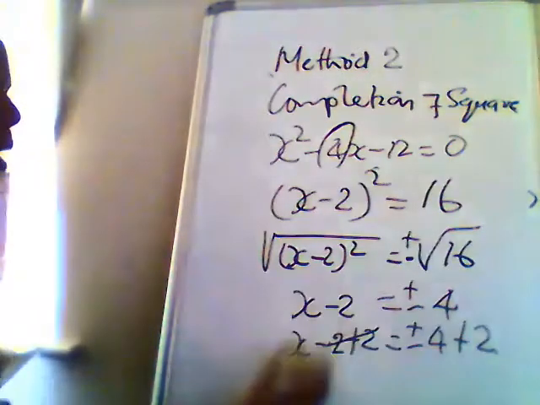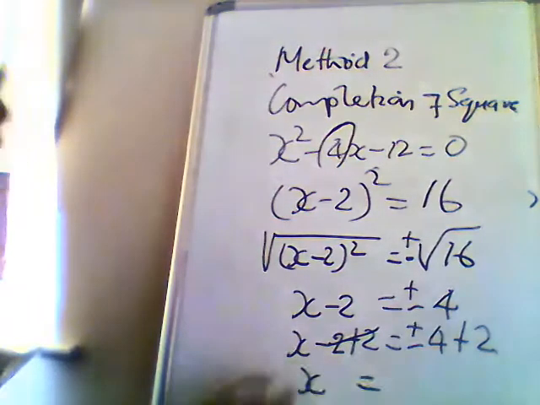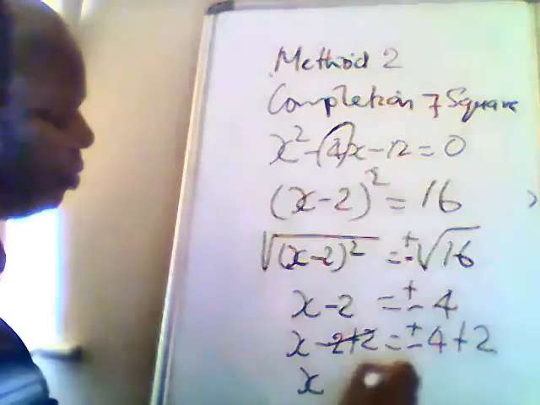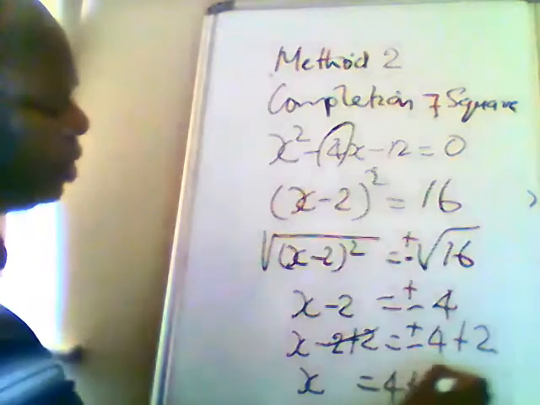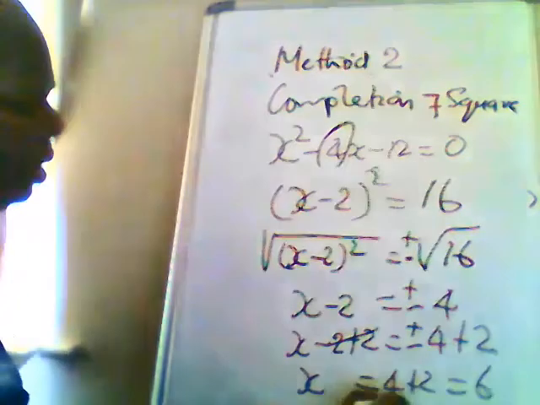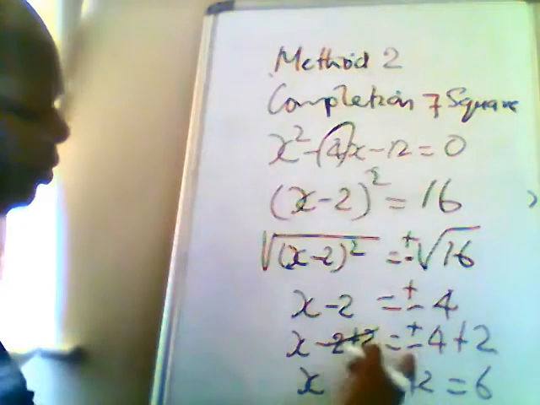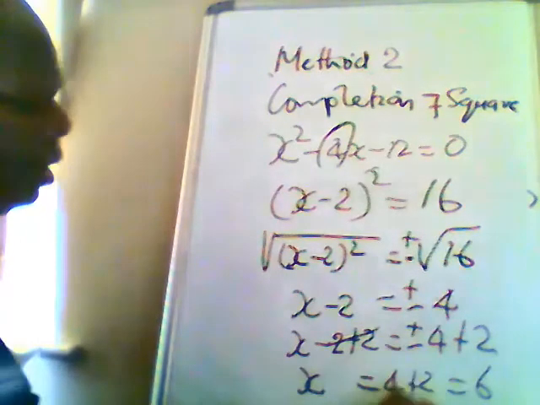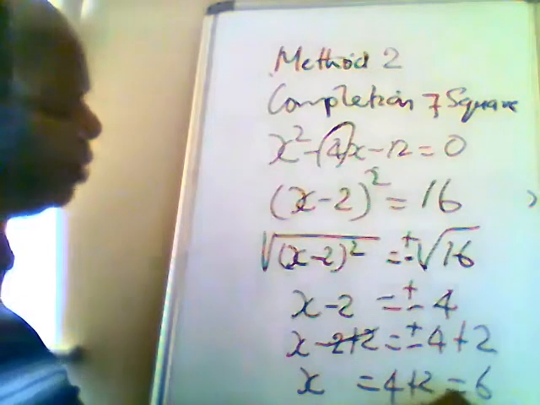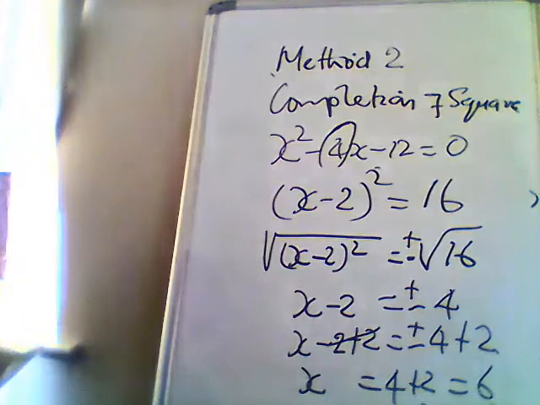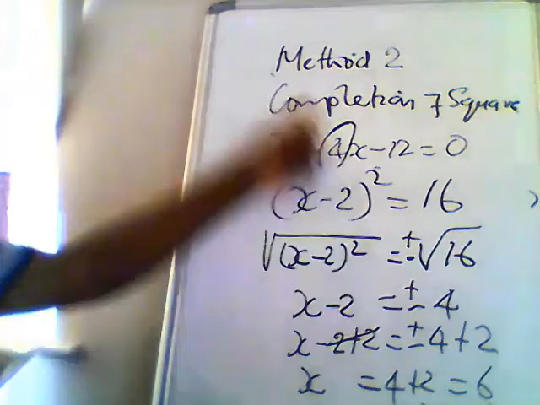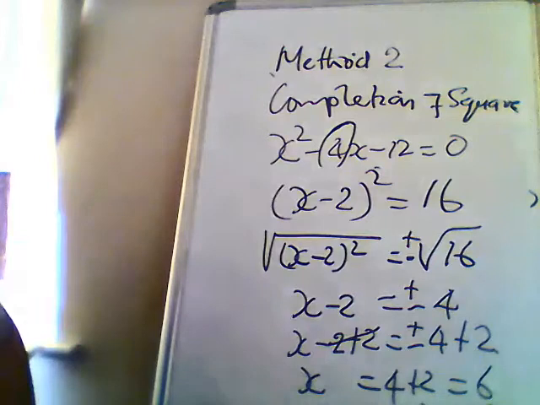Okay, so this cancels. I have x equals, the first one is going to be, the top positive 4 there, plus 4 plus 2, which gives me 6. And the next one is going to be the bottom one, minus 4 plus 2, which is going to give me minus 2. And you're going to see that the answers are actually the same as the ones we already had before. So this is how we solve a quadratic equation using completion of the square.